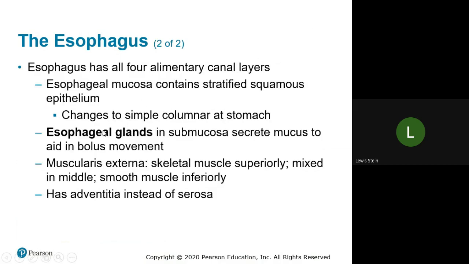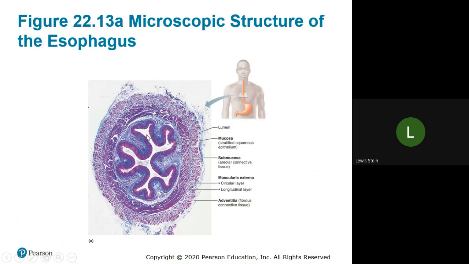Okay, so here you are. The glands are just moisturizing. Again, it's skeletal superiorly, mixed in the middle, smooth and adventitia. It's like that hose they used to have on TV. You can put this 100-foot hose in your pocket. Remember they used to advertise that on TV? You can get them at Home Depot.